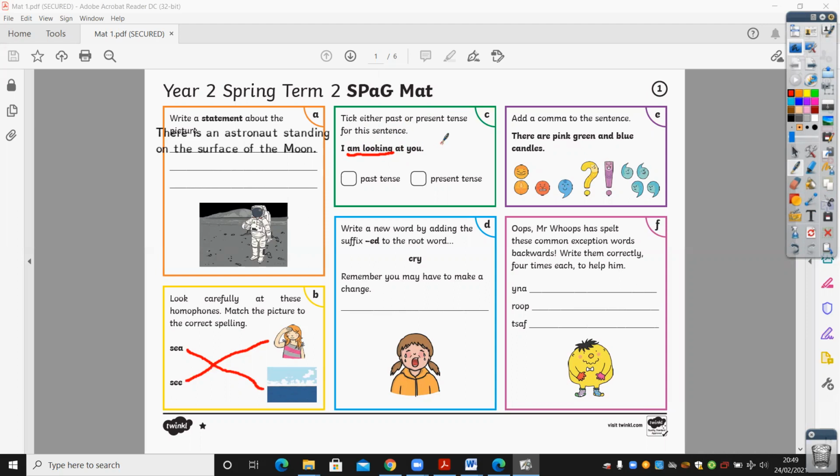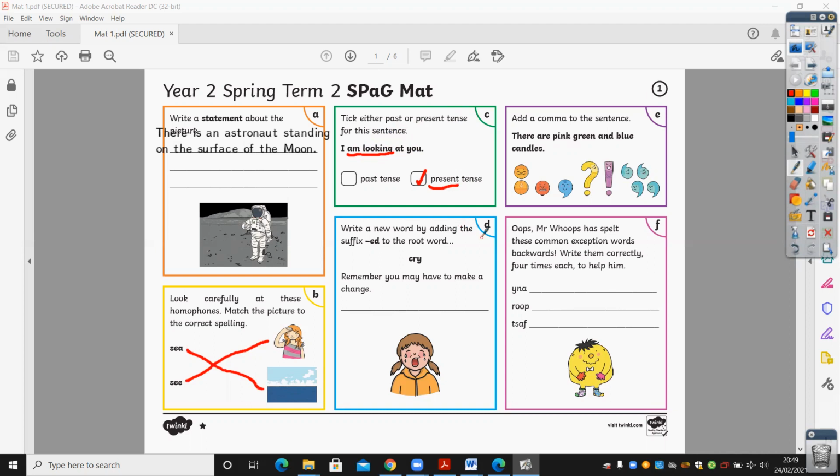I am looking yesterday? Or is it something that is happening now? I am looking at you now. That's right, I'm looking at you now, so it is present tense. Because I'm looking at you yesterday would certainly not even make sense. So I know that this sentence is in the present tense because this action is happening now, in the present.